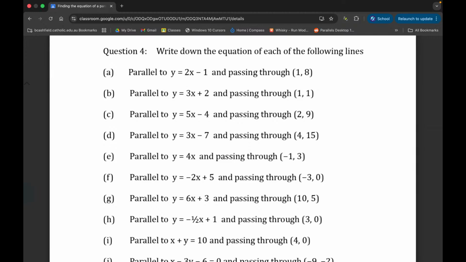So you're left with c equaling 3. Then we can substitute that into our equation, y equals mx plus c. So we have y equals 3x, because remember the gradient always stays the same for every parallel question, plus 3.